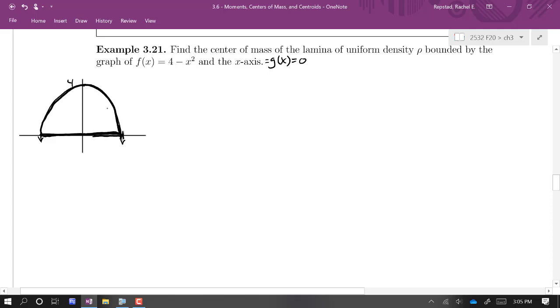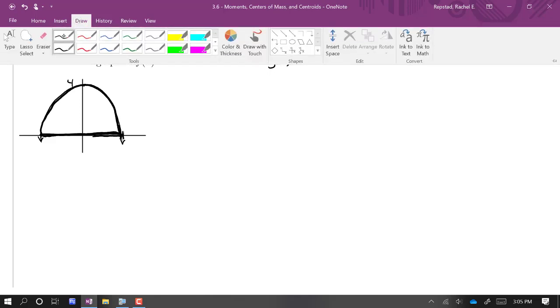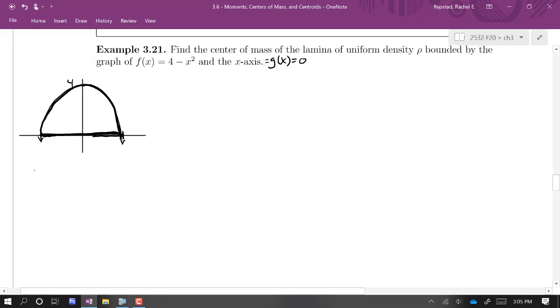Now, we want to find the center of mass. The first thing I would do is take advantage of some symmetry here. This region is symmetric about the y-axis, so we know that x bar is going to be 0.